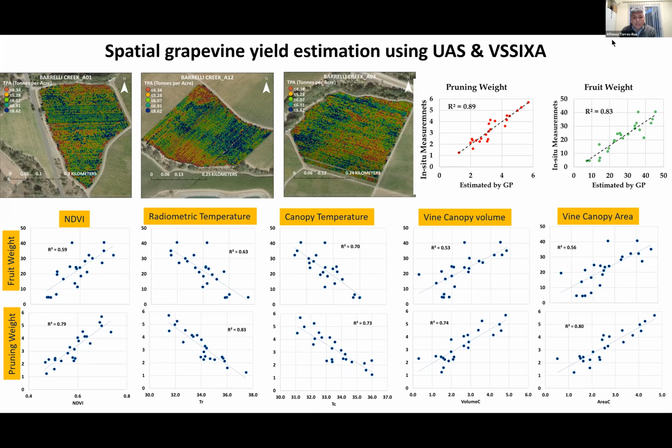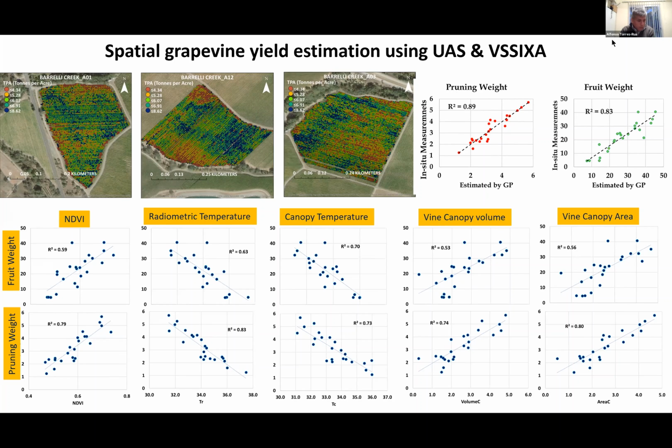We found out that there is no one single variable or parameter that can describe pruning weight or fruit weight, but a combination of them can reach good agreement with ground measurements, providing a way to estimate spatial yield at plant scale using UAV technology.